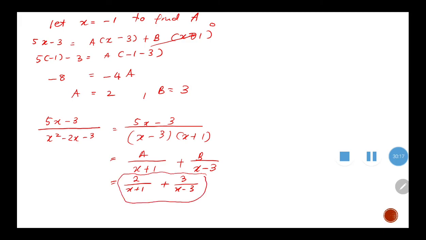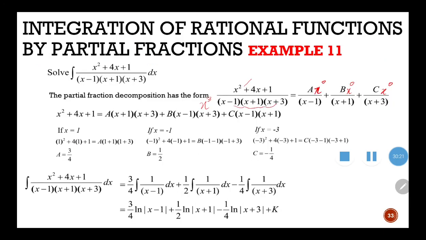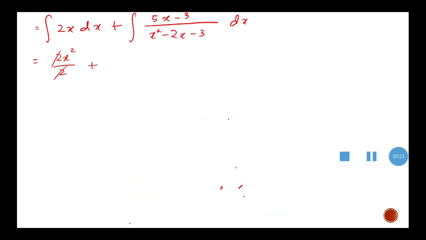So now we have the solution here and put it back into it, just slot it in. So the integration of that, you will get 2 over x plus 1 plus 3 over x minus 3.